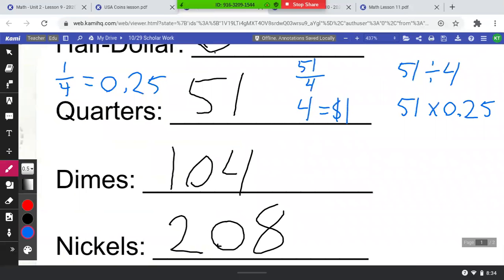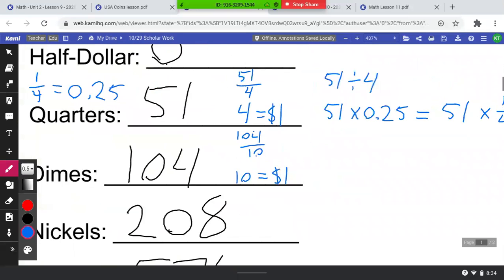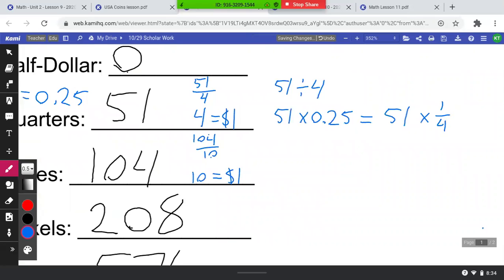Dimes. Okay, so 10 dimes makes $1. But we have 104 over 10. So we are going to be doing 104 divided by 10. And that will tell us how many dollars.